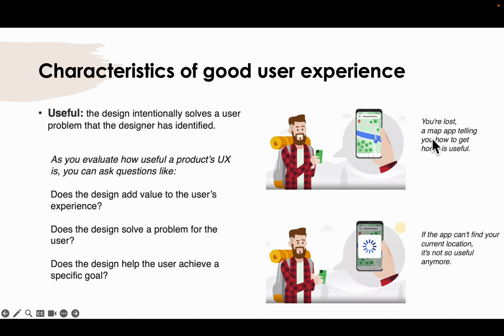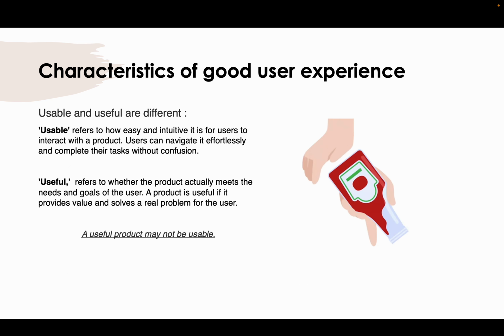If you got lost, the map telling you how to go home is useful. But if the app cannot find your current location or cannot help you find the way, it's not useful anymore, right? If the item can help you solve your problem, that is useful.